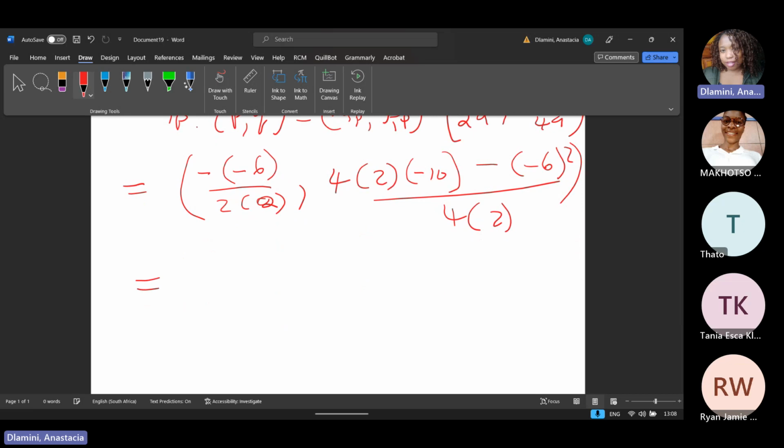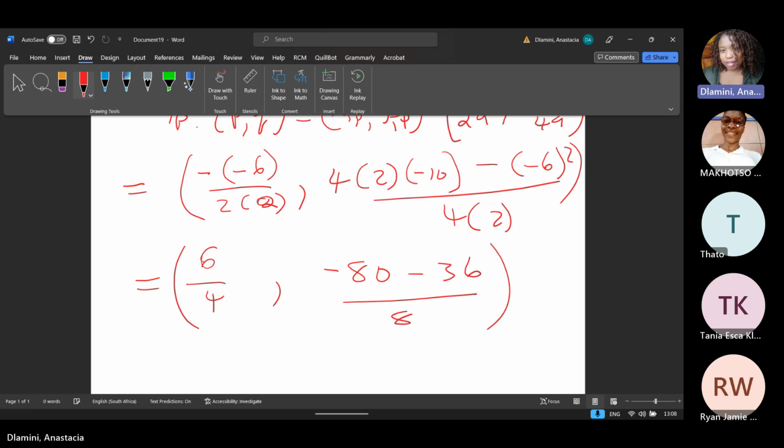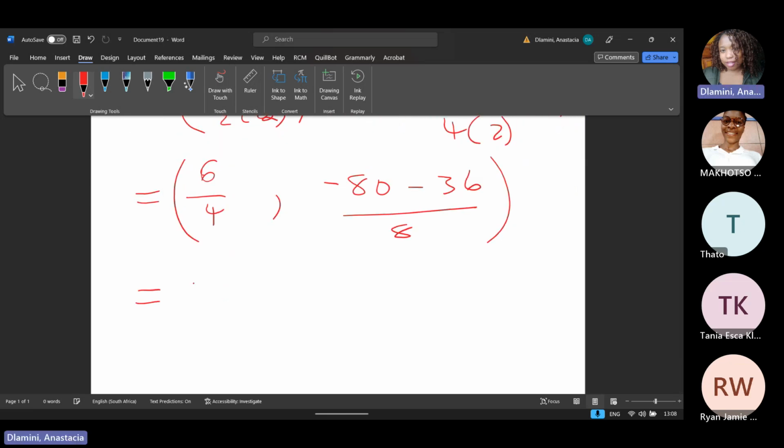Then you simplify. This top part is 6 over 4, and over here it's 8 times -10, that is -80, minus 36, over 8. We can simplify that. So this is 3 over 2. Let me divide quickly.